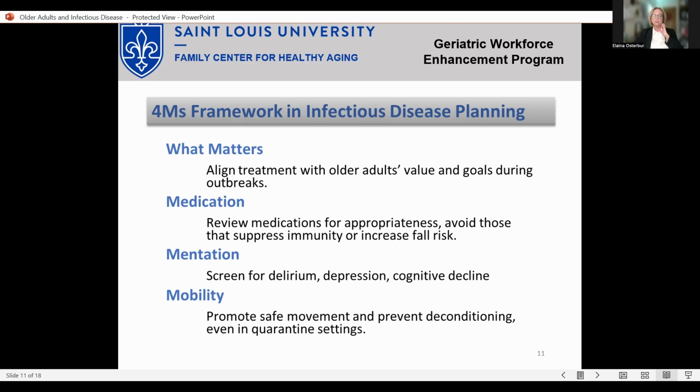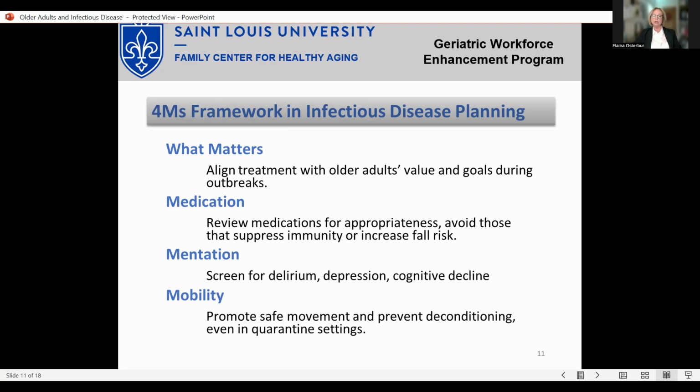So let's return to the forum's framework to guide our approach to infectious disease planning for older adults. Start by asking what matters. Ensure that care aligns with each older adult's values and goals, especially during public health crisis. As a healthcare provider, take the time to engage in meaningful conversations with your patients about their priorities during these outbreaks.